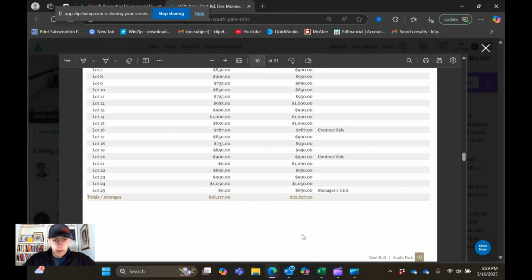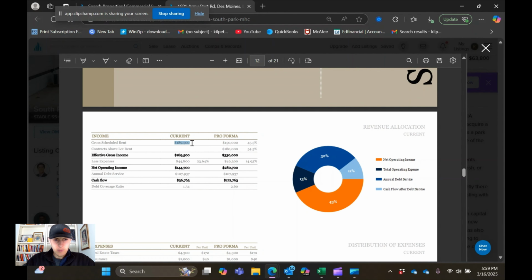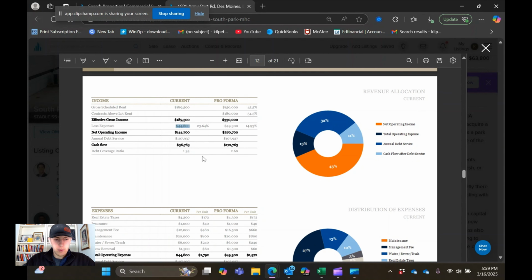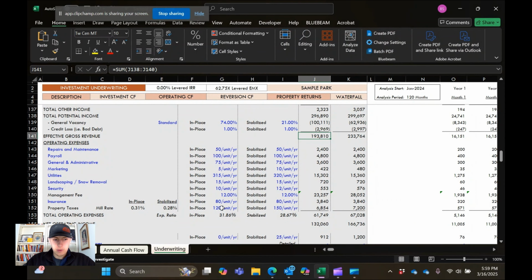So let's see what we got here. Scroll down a little bit. They have 189. Expenses 44,000. This breaks down the expenses a little bit here. And so taxes is 172 a unit.